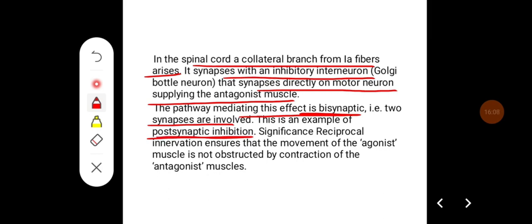Significance of reciprocal innervation is that it ensures the movement of the agonist muscle is not obstructed by the contraction of the antagonist muscle.